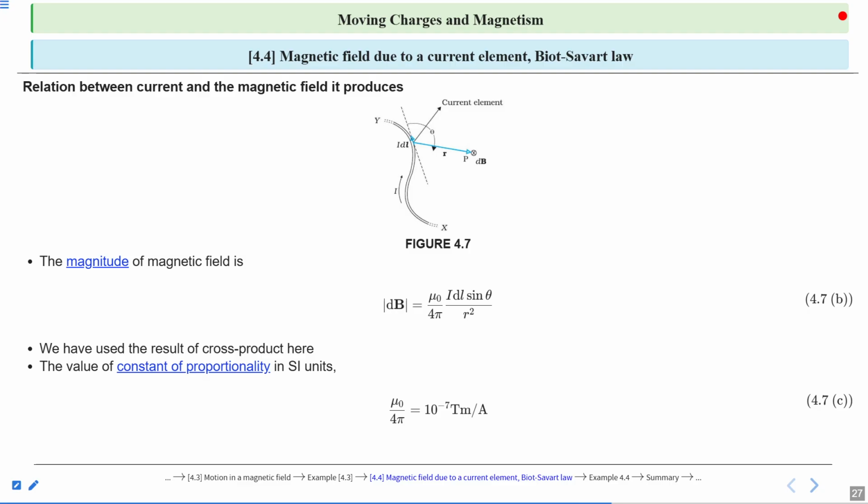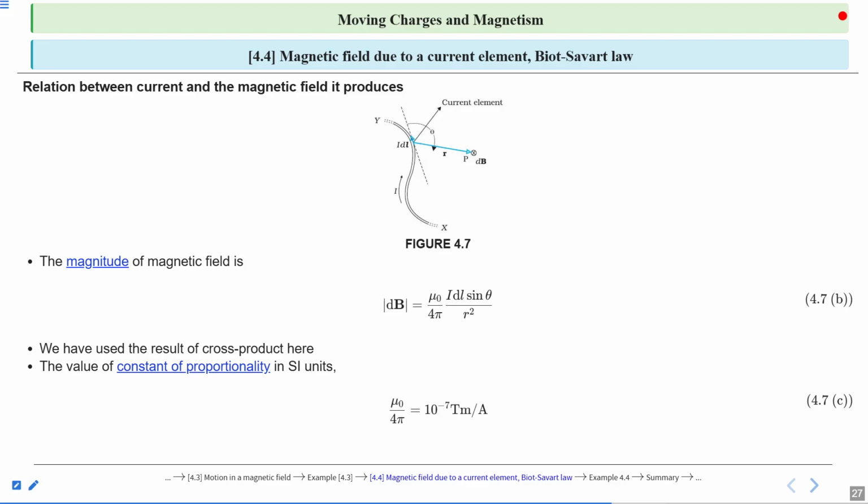Okay, so that is the constant of proportionality and that is its value, 10⁻⁷, and its unit we can find using the above equation 4.7b. If we rearrange this equation, it becomes dB r square upon I dl sine theta.